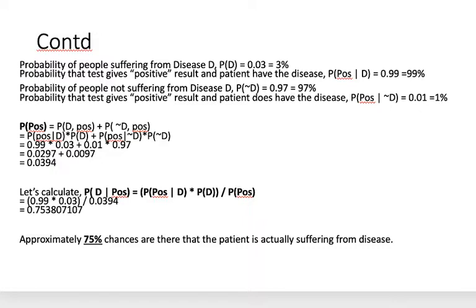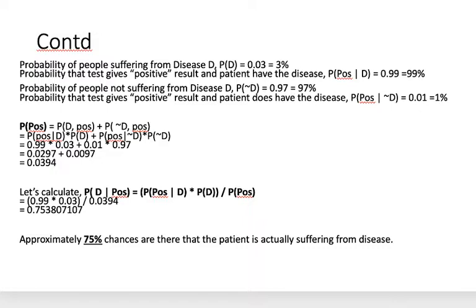So when we plug in all those calculated values, we get approximately 75% chance that the patient is actually suffering from the disease.